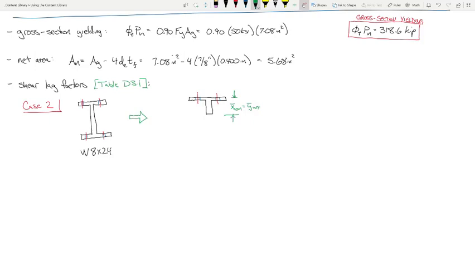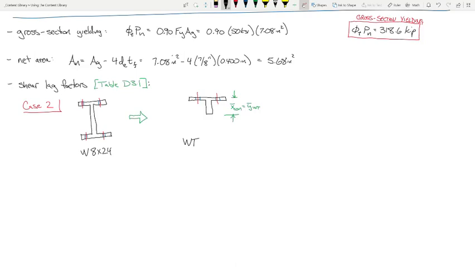Now, if this is a W8 by 24, what's the WT shape that we look up? Well, let's keep in mind, W8 by 24, what does the 8 mean? If I say I have a W8 by 24, what does the 8 mean? It's 8 inch whatever, right?